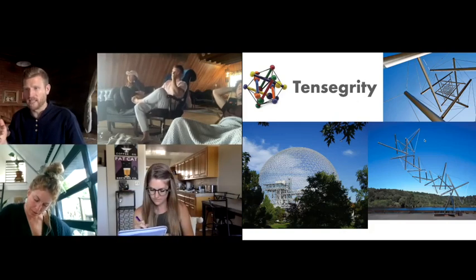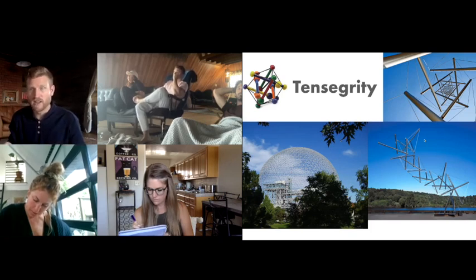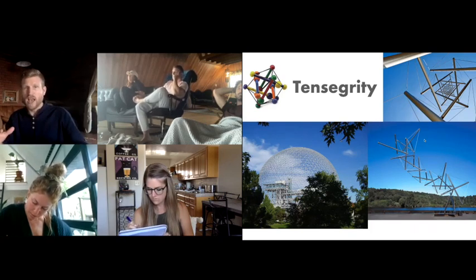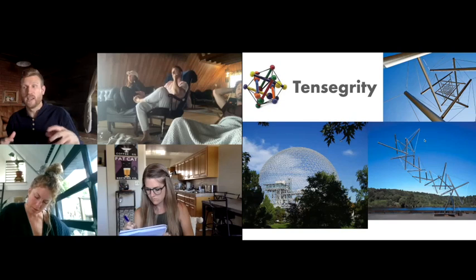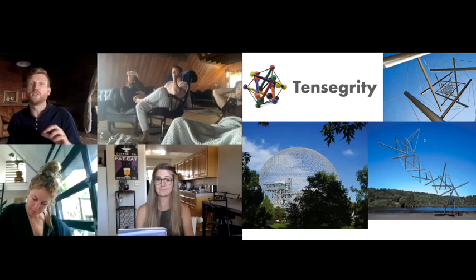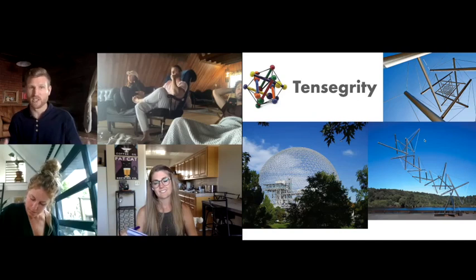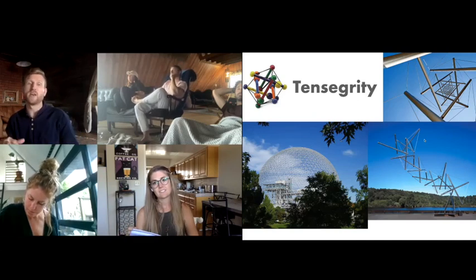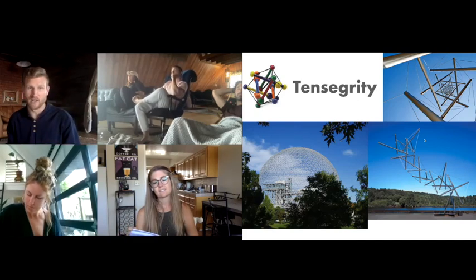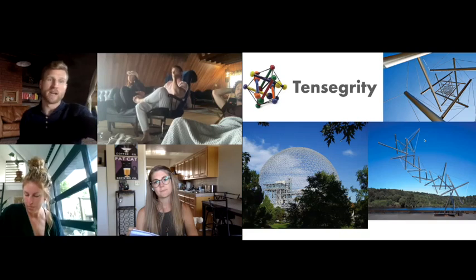The concept of tensegrity can be applied equally to architecture and sculpture as to human anatomy and physiology, and not just human, but animal anatomy and physiology generally. When we do that, we call it biotensegrity. And I've got a great book here by Graham Scarr.